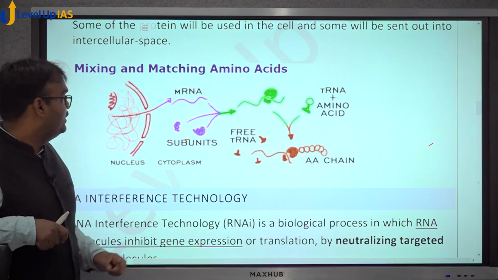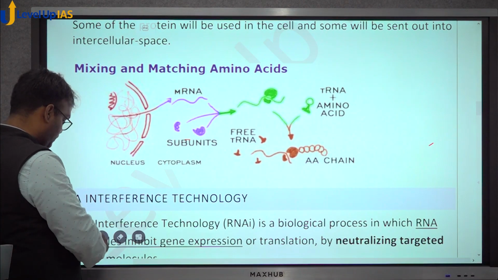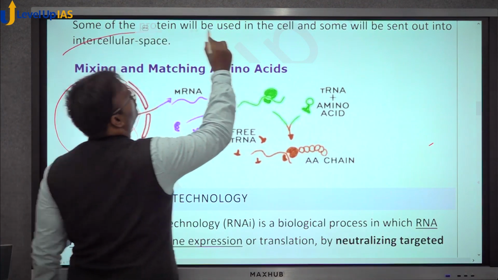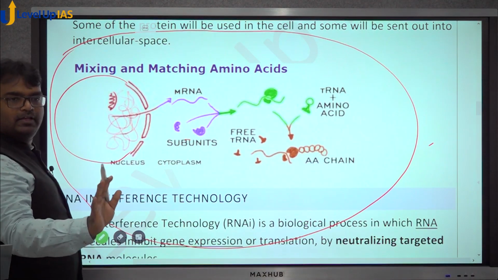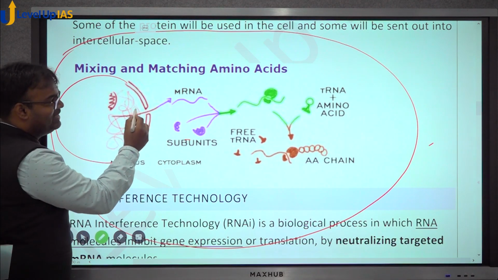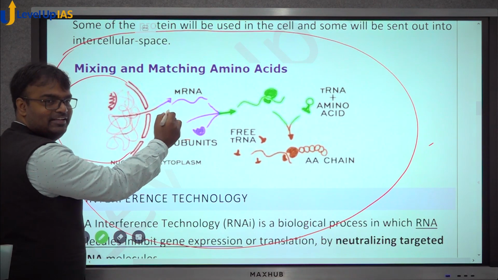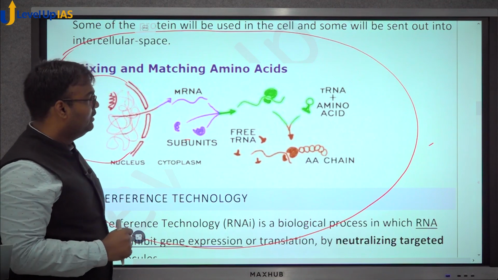How is protein manufactured? So this is the nucleus here. This whole part is the cell. Inside the nucleus, we have genetic material, messenger RNA. Look at this. Messenger RNA is bringing the information out which protein has to be manufactured.